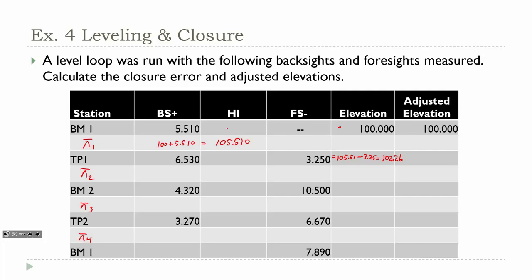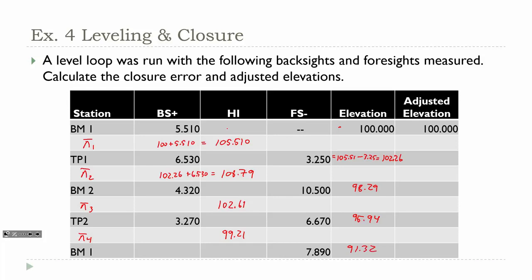So then our next HI is going to be 102.26, the previous point on the ground, the elevation, plus 6.530. 108.79. You already got all these calculated. 98.29. 102.61. 95.94. 99.21. 91.32.